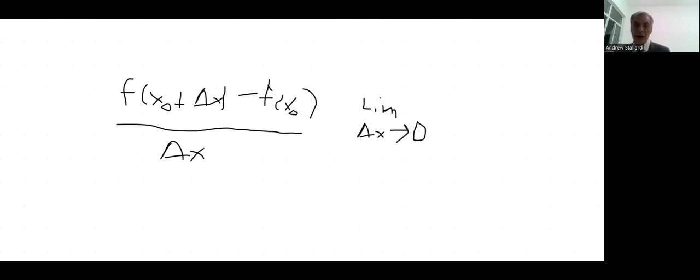Can I replace this x naught with just any general x? Can I replace the x naught with just any general x? Well, here's how this happens.